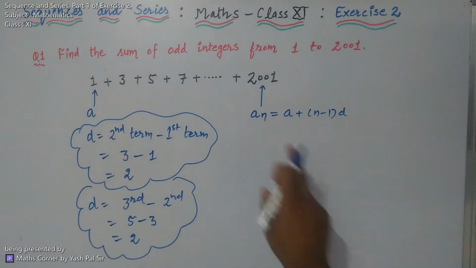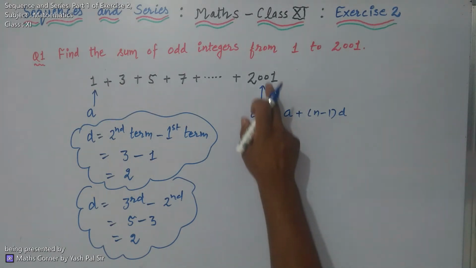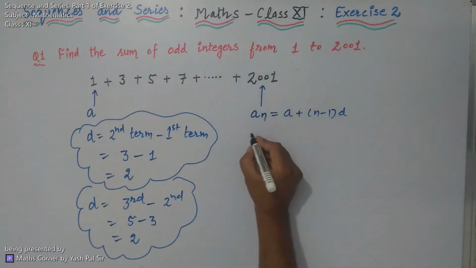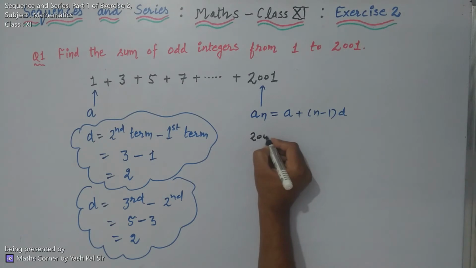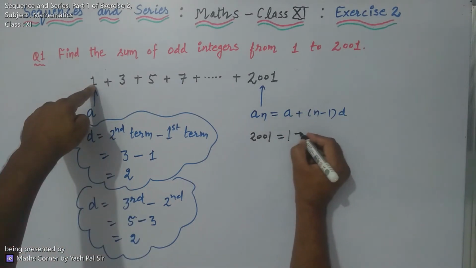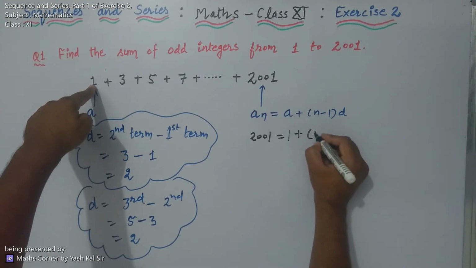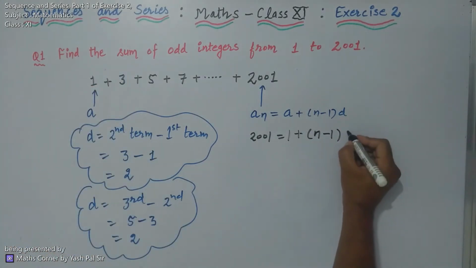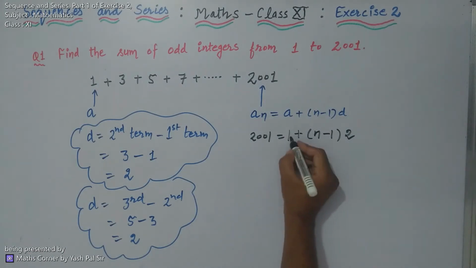Now we substitute the corresponding values. The value of an is 2001. A is equal to 1 plus n is not known to us, so n minus 1, d is 2. We solve this now.